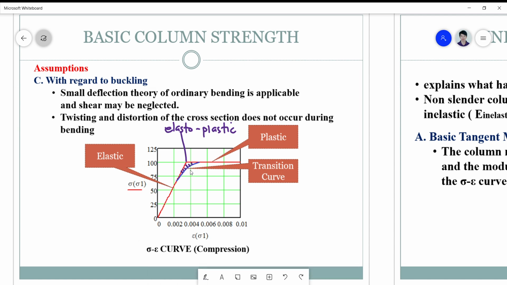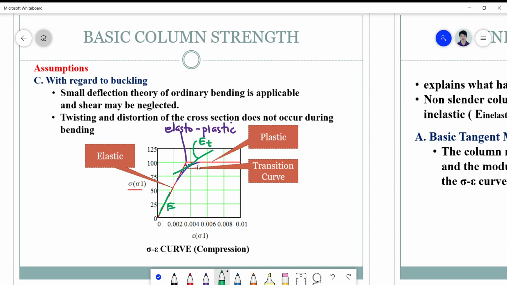sudden drop of the modulus of plasticity involved. Okay, so this directly affects the slope of the modulus of elasticity. So if this is the slope, the initial slope of the modulus of elasticity, E, then this becomes now your tangent modulus of elasticity.